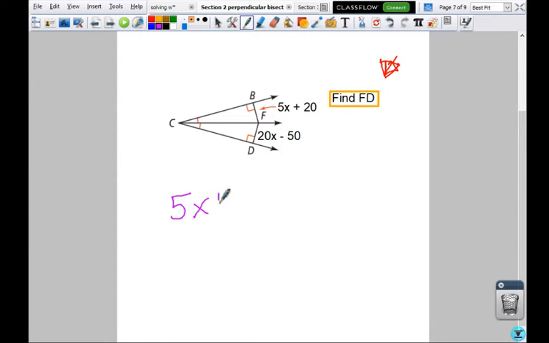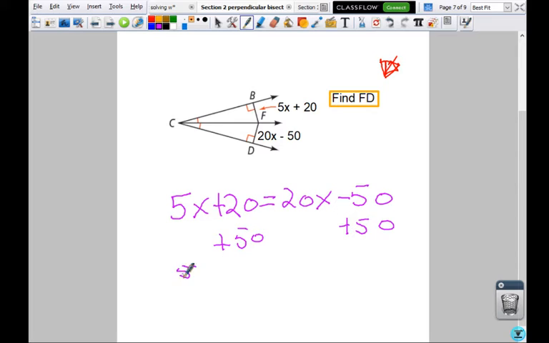What are the lengths of A, B, and C? You got it. So 5x plus 20 equals 20x minus 50. Looks good. They will both equal each other because we have an angle bisector and two perpendicular pieces there.